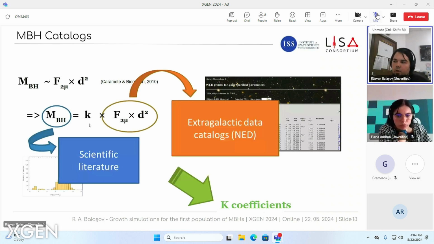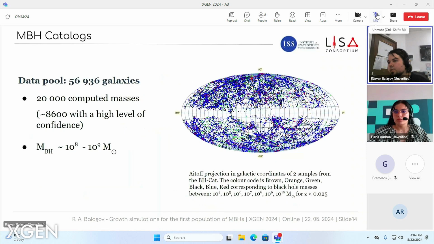Basically, I went through the inverse process: instead of finding the coefficient, I had the coefficient, the luminosity flux, and the distance, which I could find in existing data catalogs, and then calculated the potential black hole situated in the center of the galaxy. I constructed a catalog of about 8,600 masses with a high level of confidence. The previous catalogs were somewhere around 2,000 to 3,000 masses, so this is a high increase.